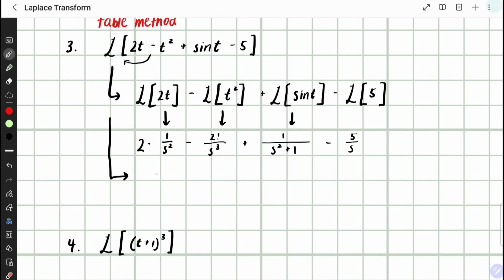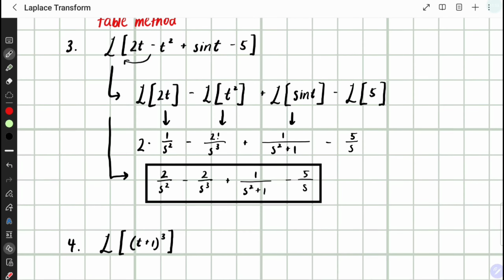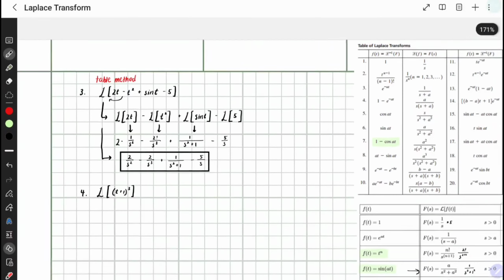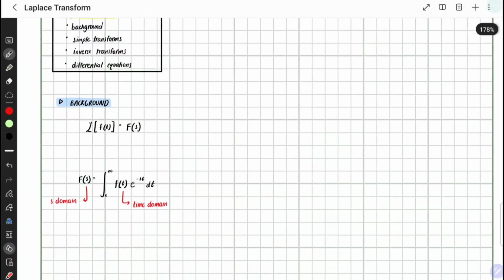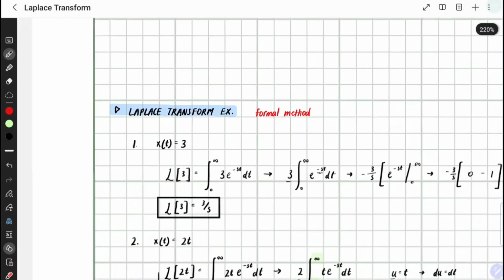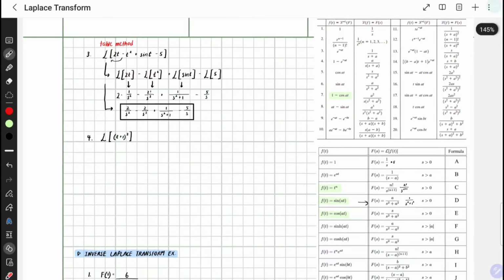The Laplace transform equals 2 over s squared minus 2 over s cubed plus 1 over s squared plus 1 minus 5 over s. And just to be consistent, each of these can also be solved formally using this integration, just like we did before. But now we're just using a simpler table method.